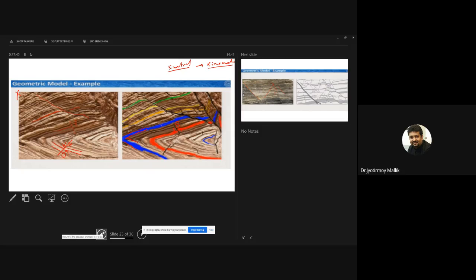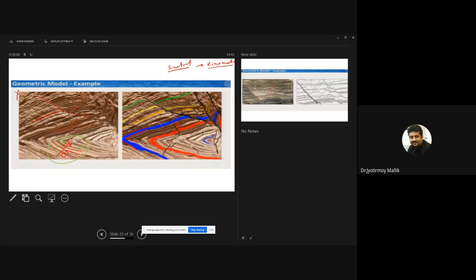But then there are more intricacies here. Now, if you look at this particular picture, by definition, this is a normal fault. Why? Because this is the hanging wall, this is the foot wall, and you see this is where it dips, right? And the hanging wall goes down. The foot wall is up.